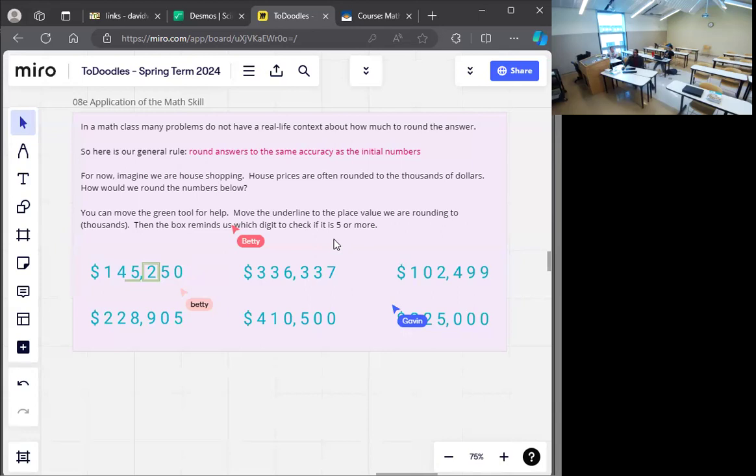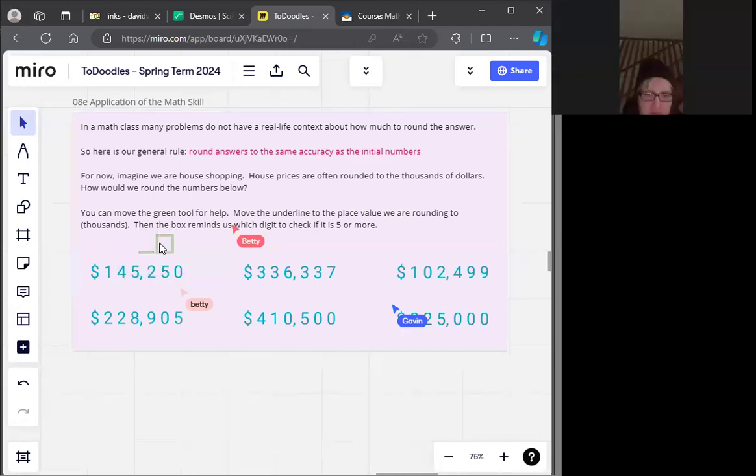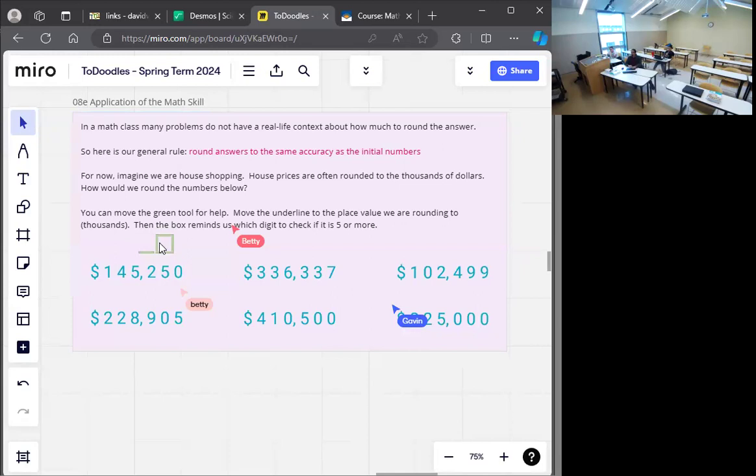How you round, I like to imagine this green shape. If we're supposed to round to a certain thing, so these are all house prices, and the textbook has asked us to round to the nearest $1,000, I'm going to take my green shape and put the underline under the thousands.